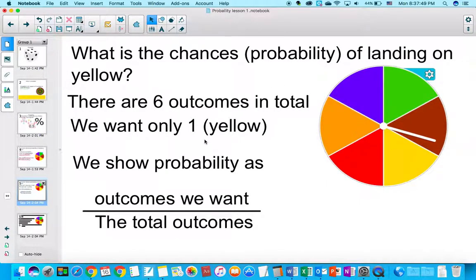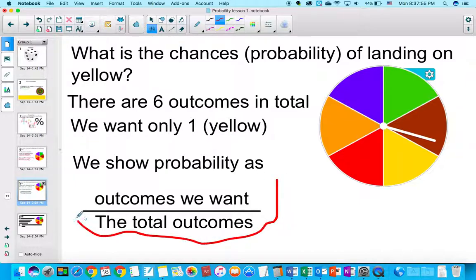We only want one, so we can calculate probability with this equation, and this whole unit will be revolving around this one calculation. You take the number of outcomes we want, that we are looking for, that the question is asking, and you divide it by the total number of outcomes. Well, we know we're only looking for one outcome, so outcomes we want, that's 1.